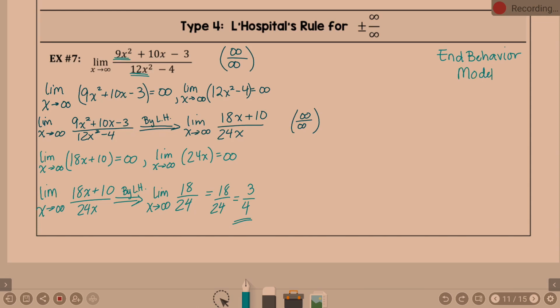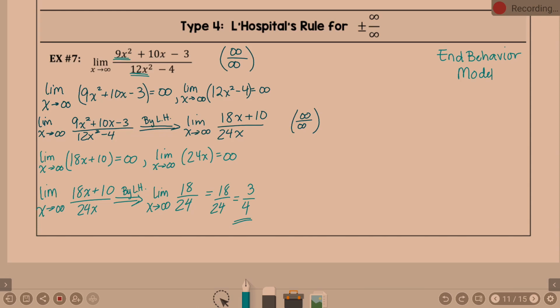Think horizontal asymptotes, folks. If the powers on top and bottom match, the horizontal asymptote is the ratio of the coefficients. 9/12 are the coefficients, so there's a horizontal asymptote at y equals 9/12, which also reduces to 3/4. My graph follows along that horizontal asymptote as it goes off to the sides.